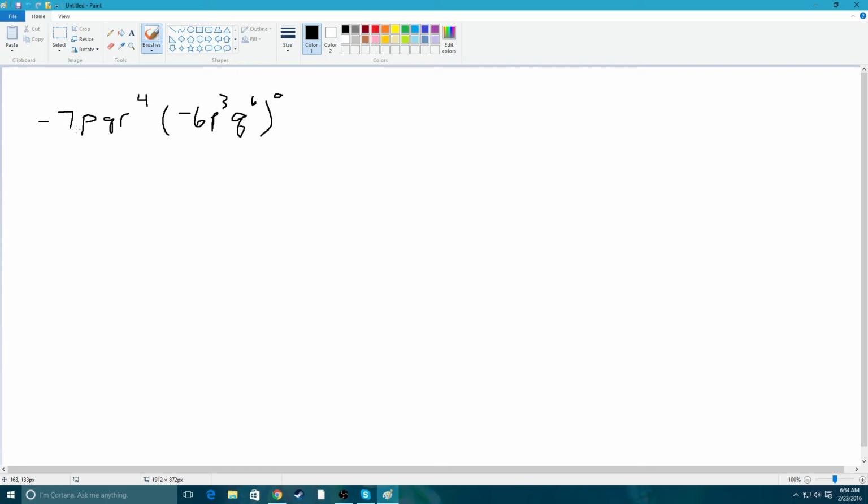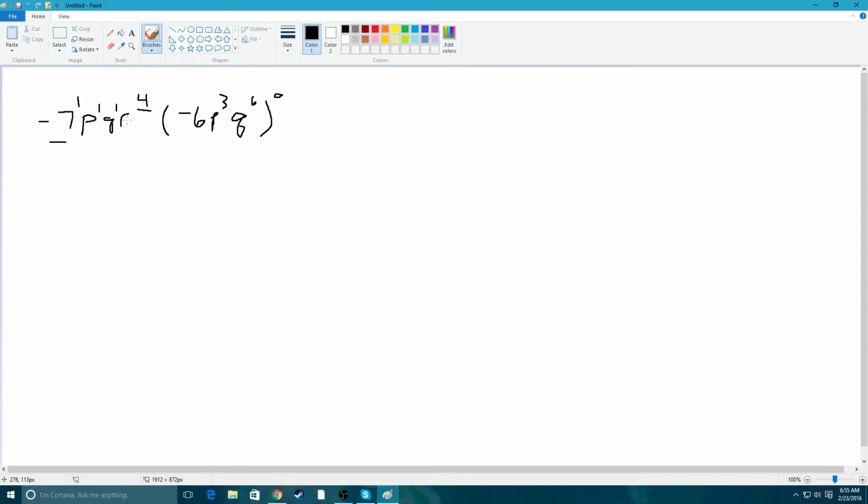Based on that last rule, you guys are going to look and think this answer is going to come out positive because you have a -7 and an even exponent. Not always the case. If we had parentheses around this and everything was being raised to the 4th exponent, then your answer would come out positive. But since we don't, this is like saying -7 to the 1 power, p to the 1 power, q to the 1 power, r to the 4th.